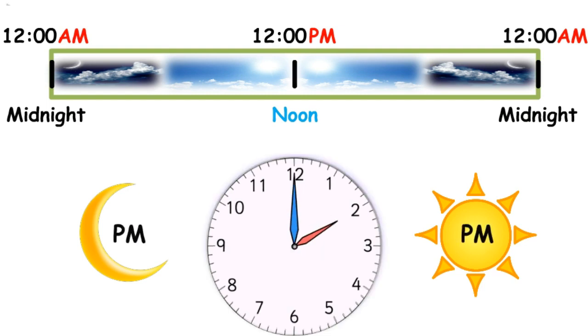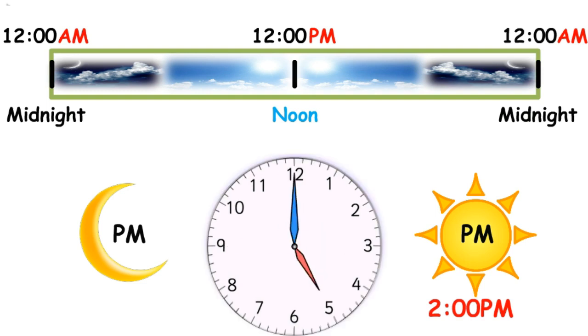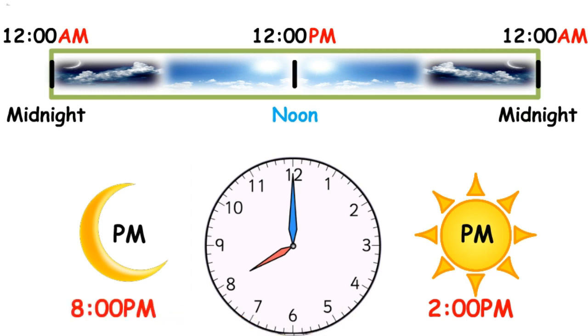For example, at noon, it is read as 2 p.m. And at night, the time is 8 p.m. Now you have seen how the AM and PM labels work with the 12-hour clock.